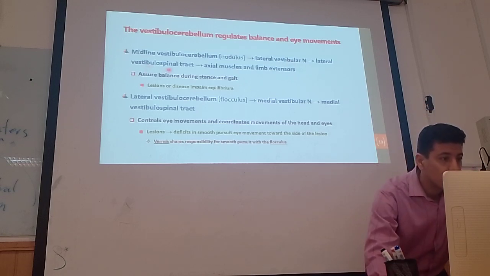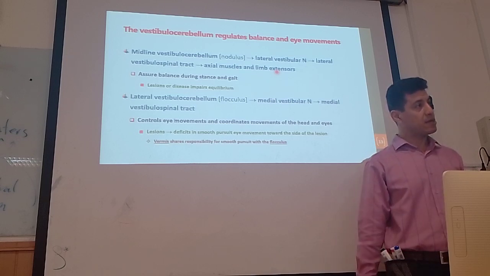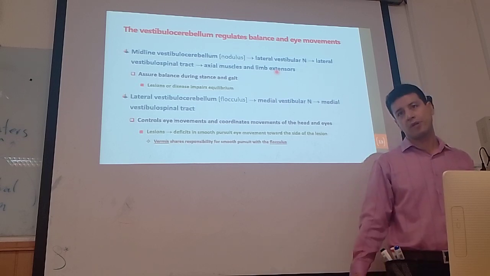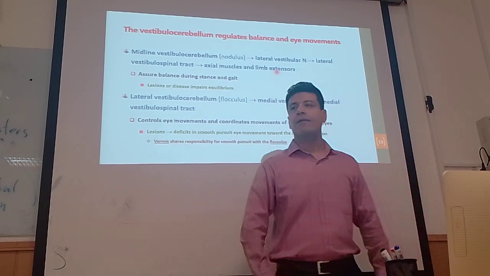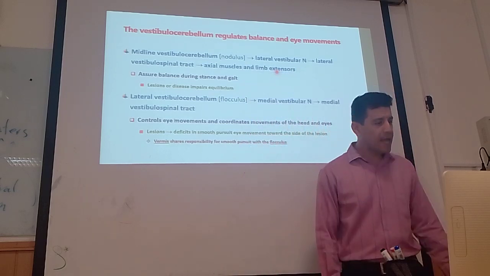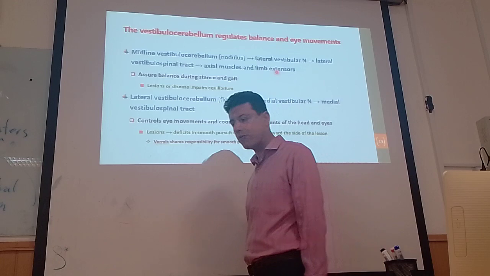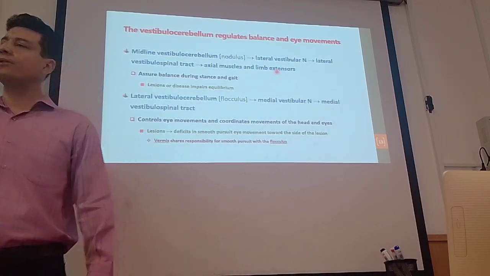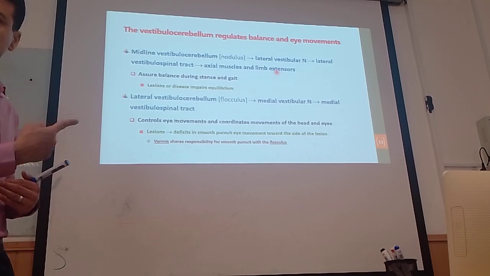So lateral vestibulospinal tract, axial muscles, limb extensors. So axial muscles are contracted, limb extensors are contracted. The result is helping with keeping the balance, right? When? During stance or walking. So when you walk and when you stand, the balance is helped by cerebellum.